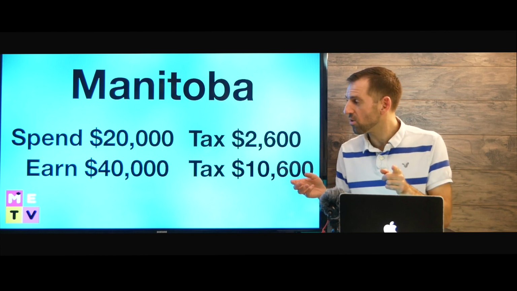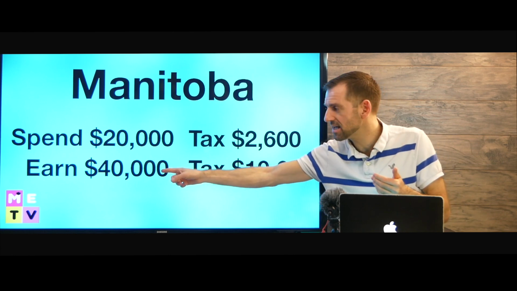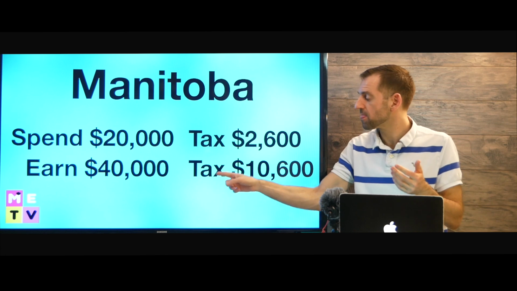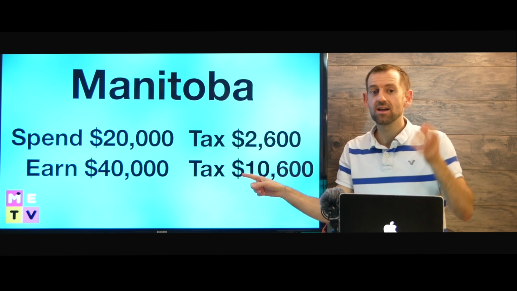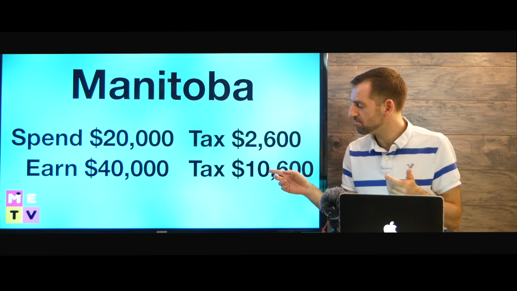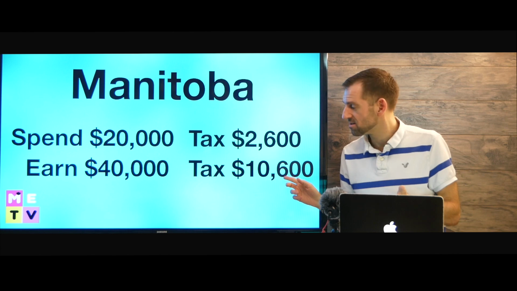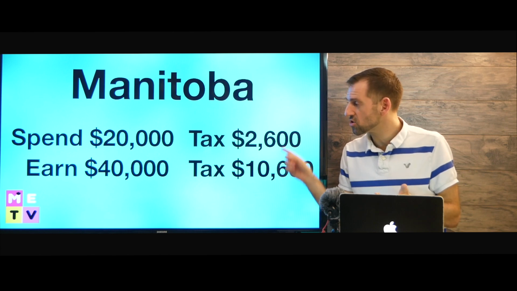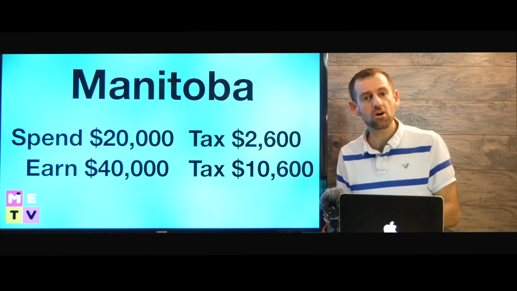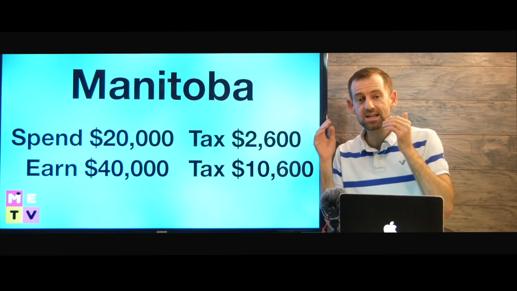Then you're going to pay taxes on everything you earn. So let's say you make $40,000, then you have to pay federal income tax and provincial income tax. It's going to be about $10,600. Wow, that's like $13,000 that you have to pay every year in tax.